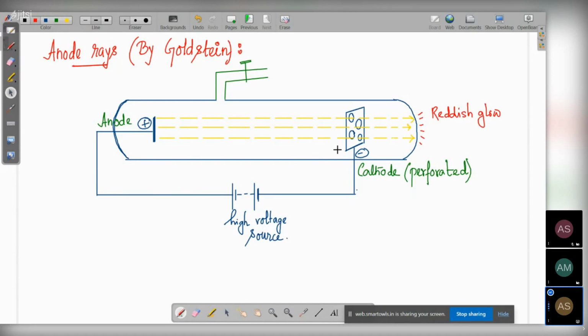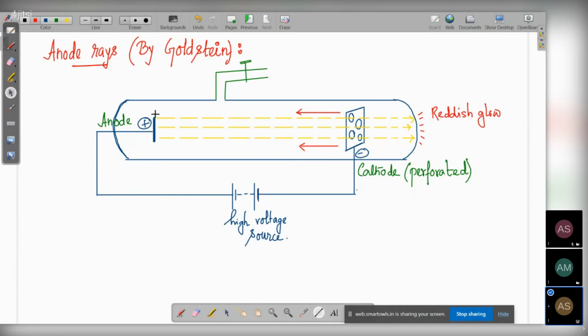The rays that are coming out from the cathode are moving towards the positive terminal, towards this side. They are not moving towards the opposite side. So whatever is striking the glass surface is due to the ray coming out from the anode, and that is why he called these rays the anode rays.